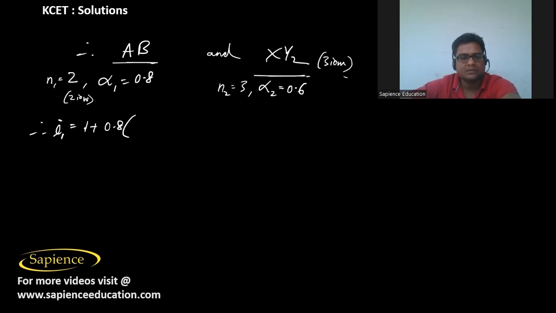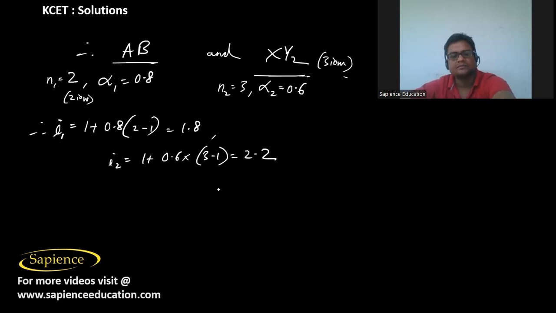So I1, that is 1 plus alpha into n minus 1, so that is 1.8. And similarly I2 will be the Van 't Hoff factor for XY2, so that will be 1 plus alpha 2, that is 0.6 into 3 minus 1, so 2 6s are 12, so 2.2.